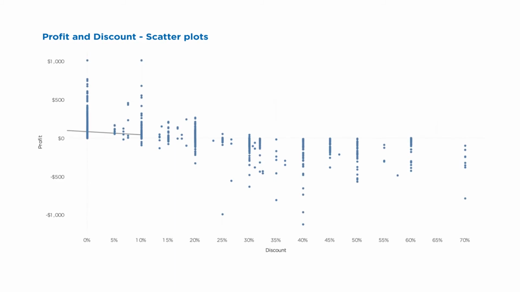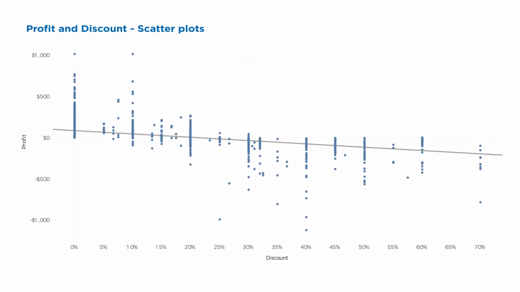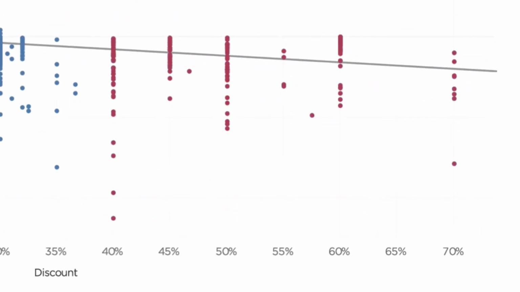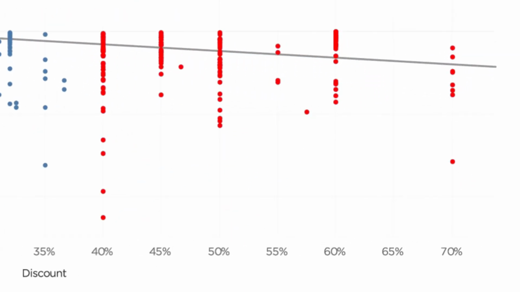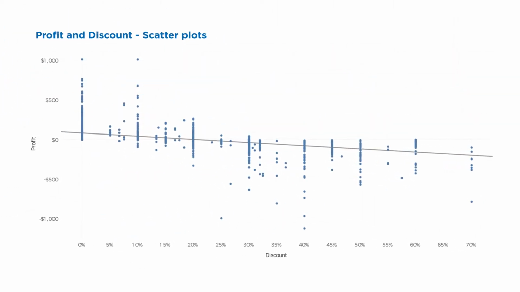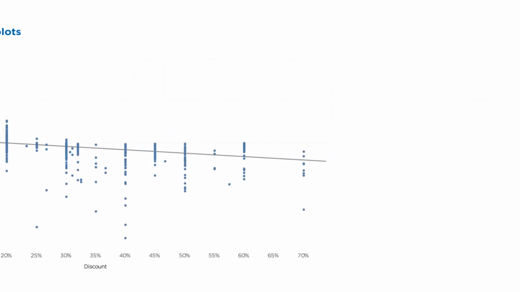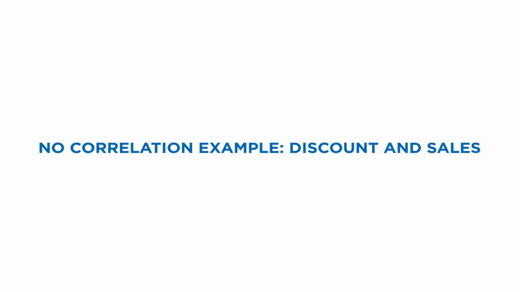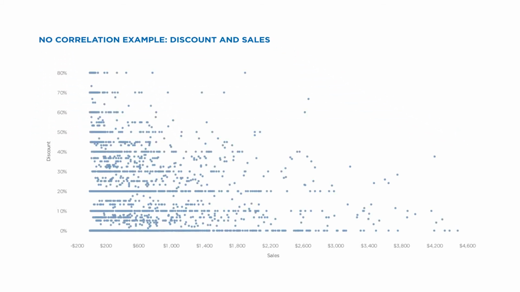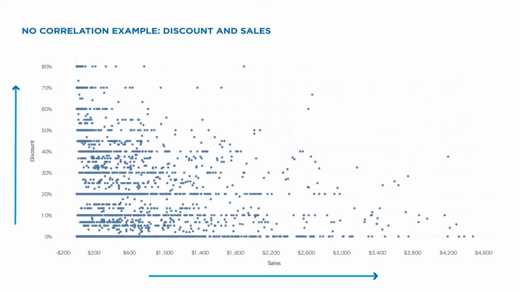Scatter plots or correlation plots are used to show how two variables are correlated. This depiction here highlights a slight negative correlation between discounts and profits, and thus suggests giving smaller discounts to increase profitability for the furniture category. A scatter plot with no discernible patterns means zero correlation. Here's how zero correlation looks like.